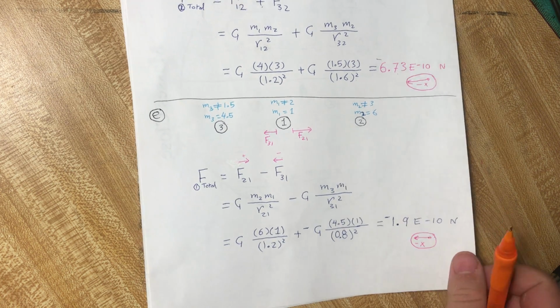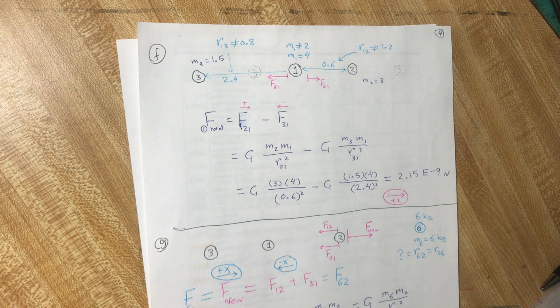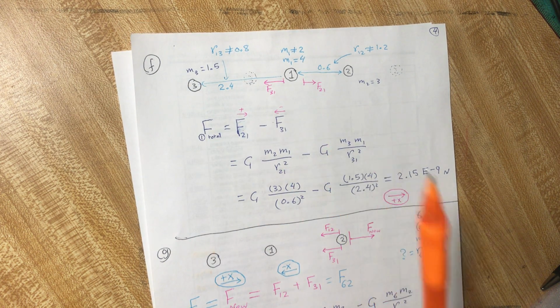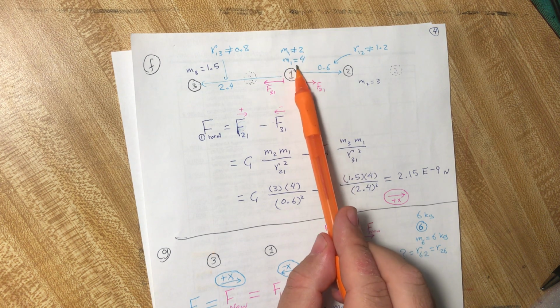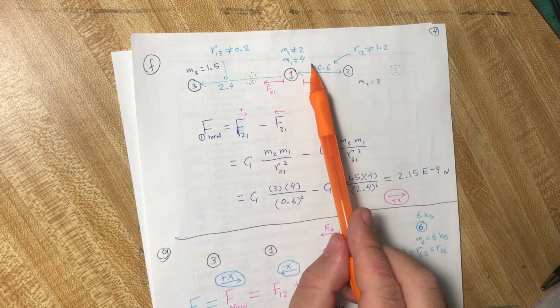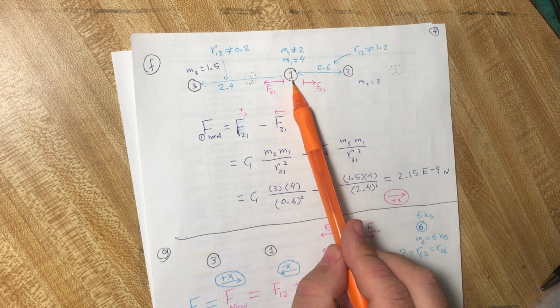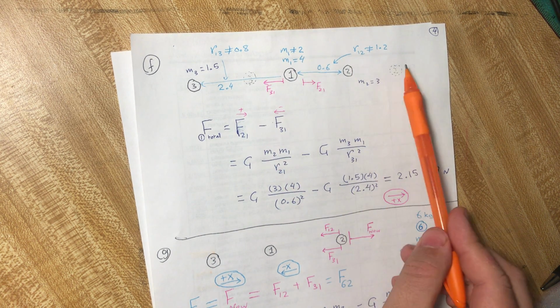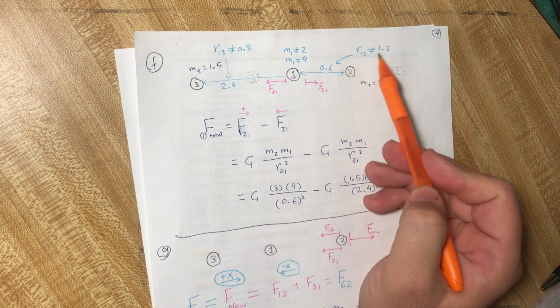Okay. Now, part F. What if the first mass is doubled? It is not 2 now, it is 4. The distance between the first and the second mass is not 1.2. R is halved.